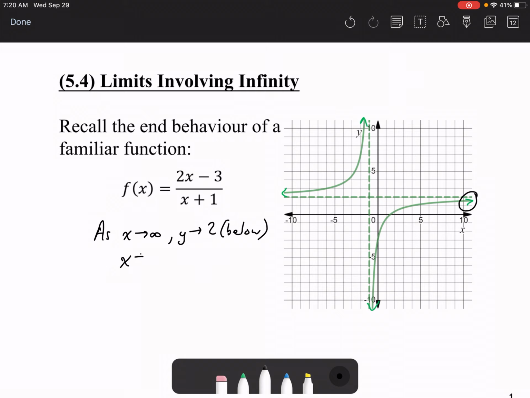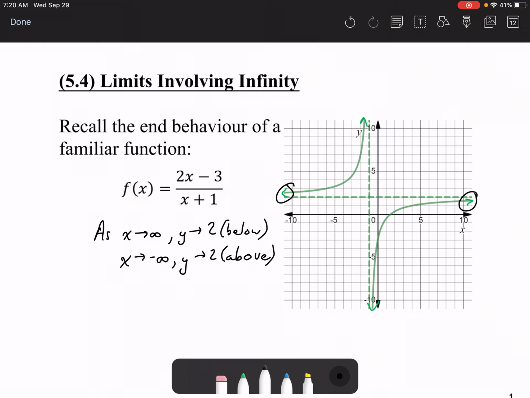As x approaches negative infinity, you can see the y value approaches 2 from above, which you can show right there. And remember, this is the proper notation that you'd use for it. You don't necessarily have to put the below and above, but I find it helps.